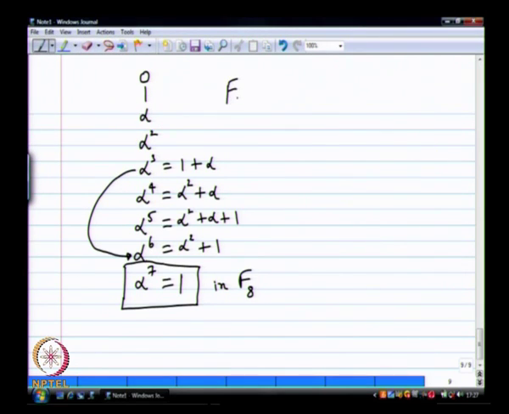I wrote F8 as 0, 1, alpha, 1 plus alpha, alpha squared plus 1, alpha squared plus alpha, alpha squared plus alpha plus 1.